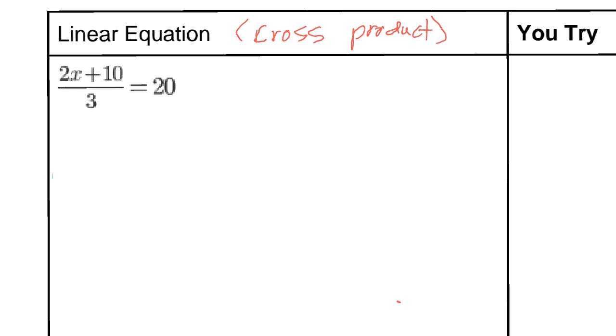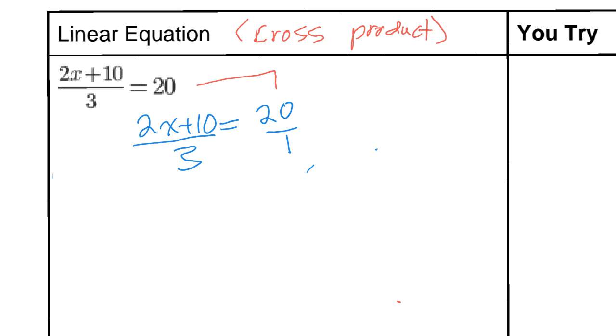Now, when we're using the cross product, you need to look at this problem as if it were 20 over 1 is equal to 2x plus 10, and then we divide that by 3. So remember, this 20 is actually turned into 20 over 1.